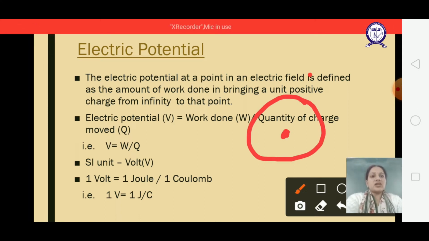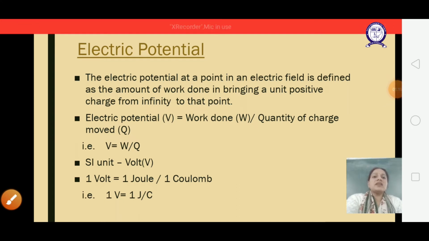If you want to bring another charged particle from infinity to any point in this field, then we need to do some amount of work, and that amount of work done is known as your electric potential.